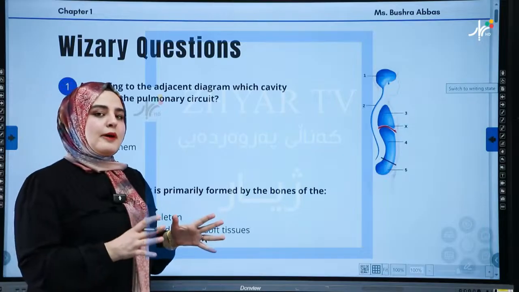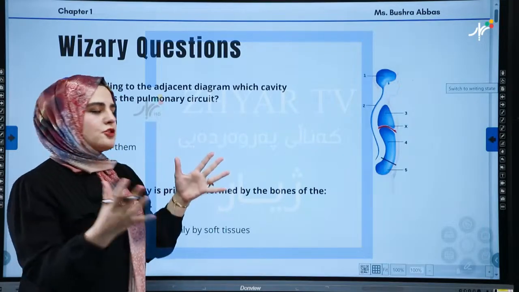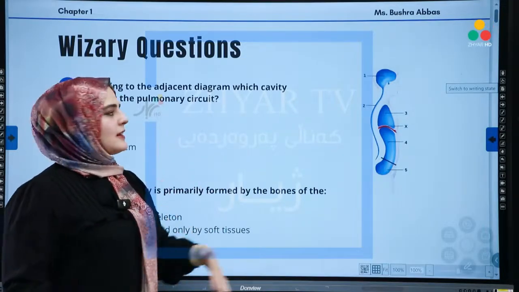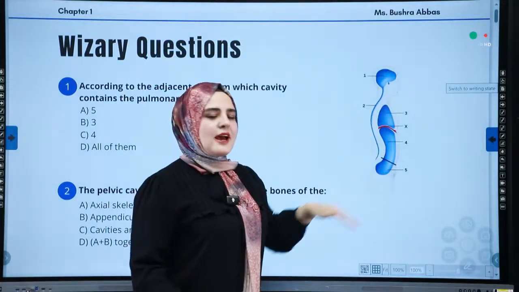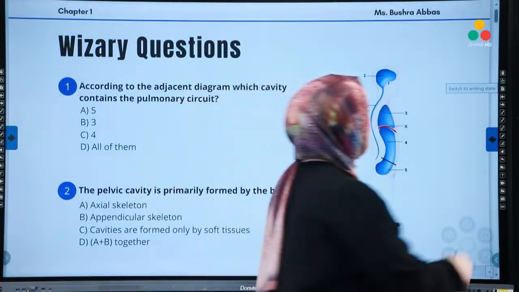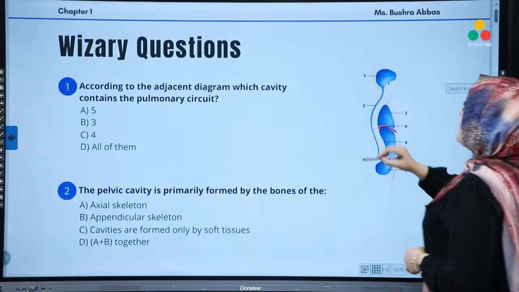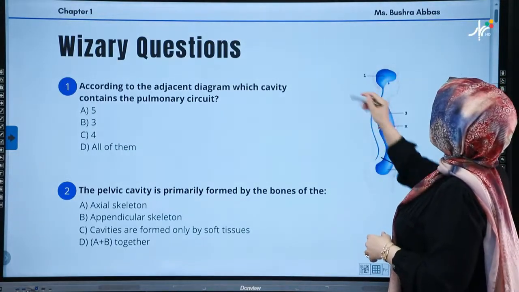Pulmonary circuit, we know about it, and the cavity. There are two different chapters. But before anything, let me try to find out the names of each cavity to make it easier for myself. So we have 5 cavities, as you can see.